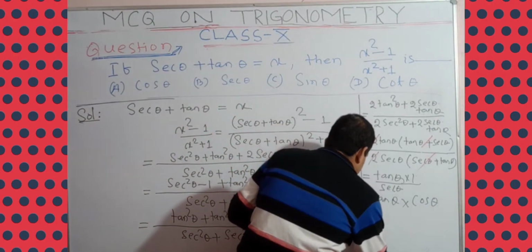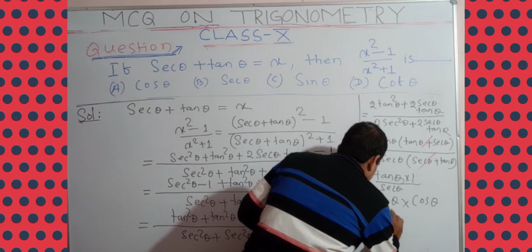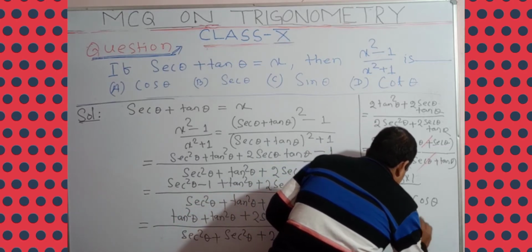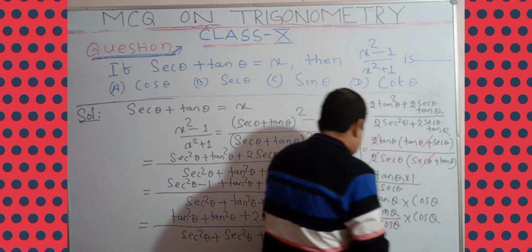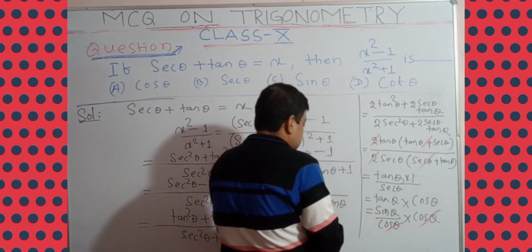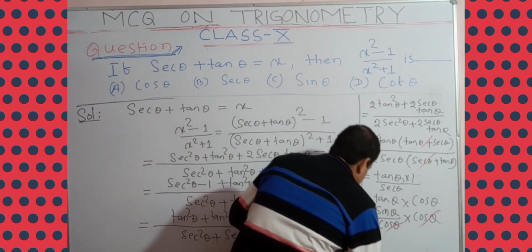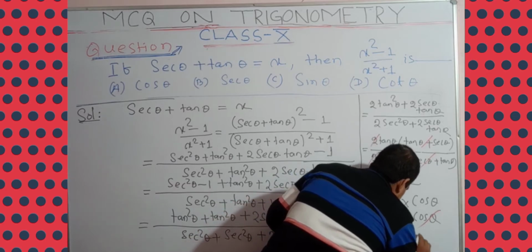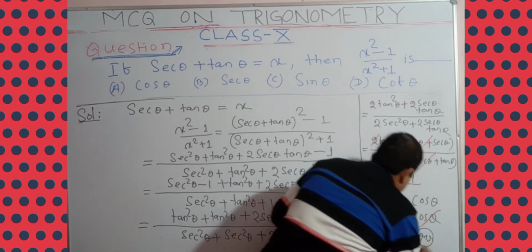So tan theta means you can write here sin theta upon cos theta, using the formula, into cos theta. Yes or no? Okay. So after that, cos theta can be cancelled. After cancellation, you will get the value sin theta, and this is the answer.